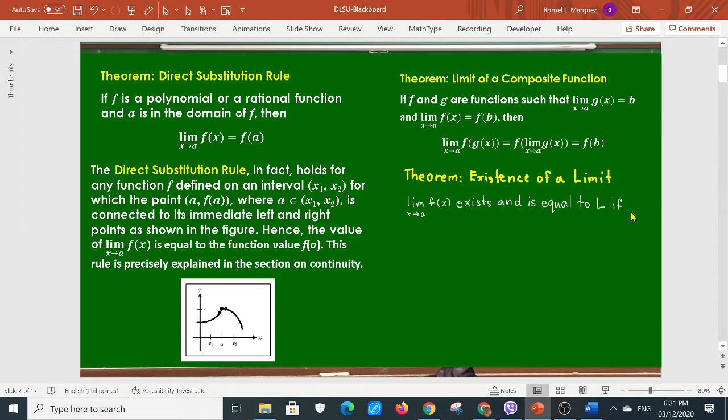the limit of f of x exists and is equal to L if and only if the limit as x approaches a of f of x from the right, and the limit of f of x as x approaches a from the left, both exist and are equal to L also.